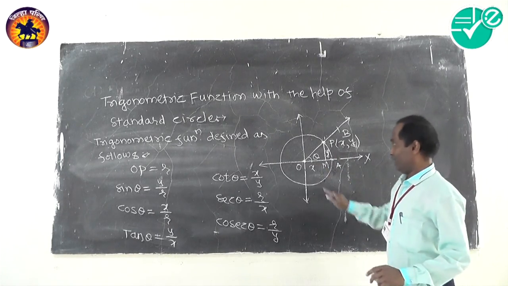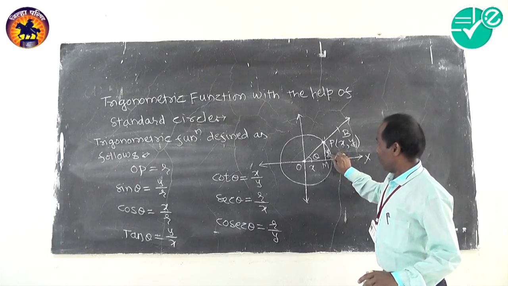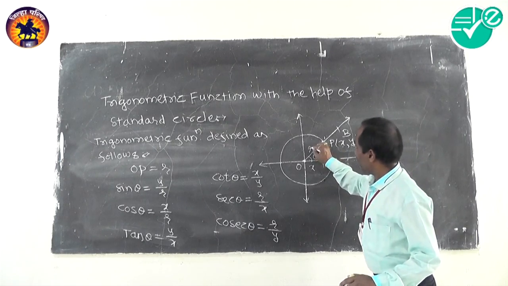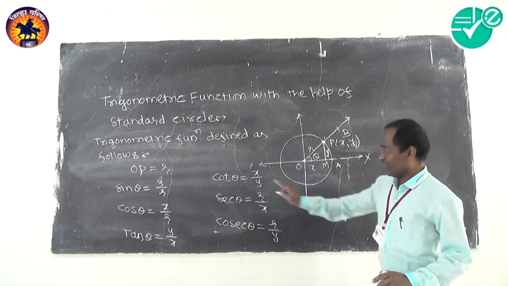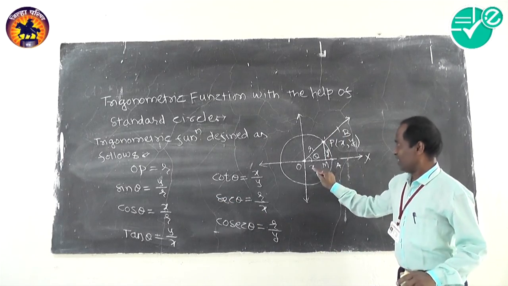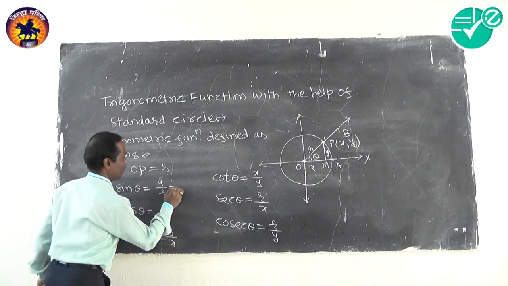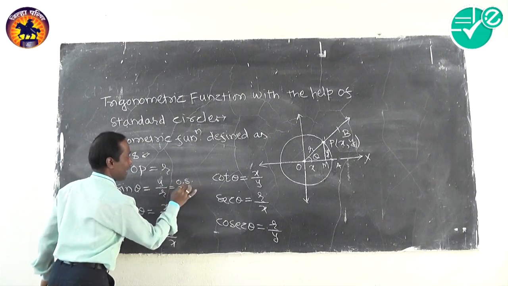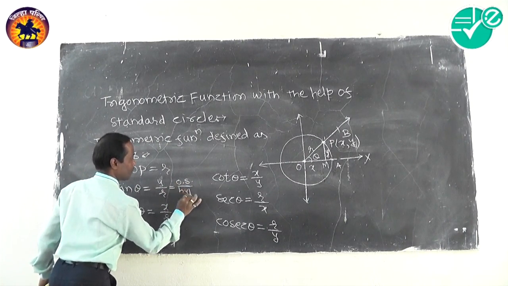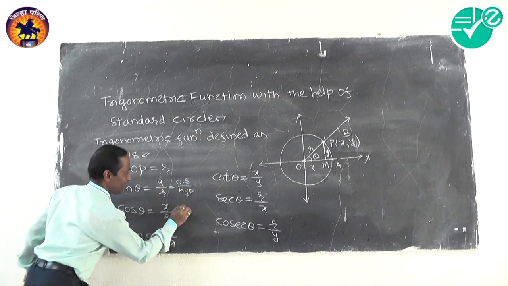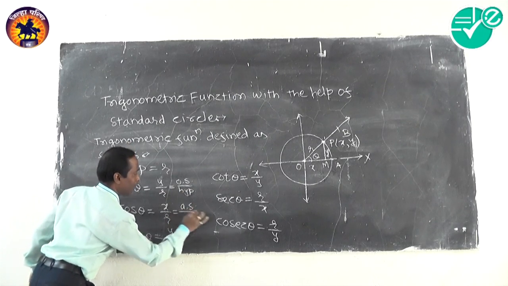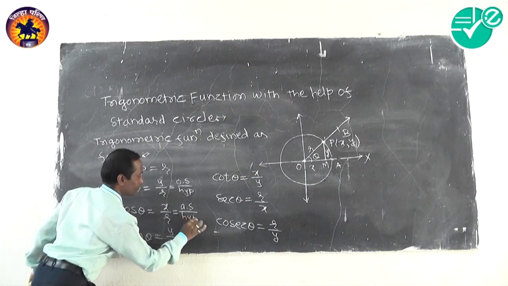Then sin theta is equal to opposite side upon hypotenuse. Cos theta is equal to adjacent side upon hypotenuse.